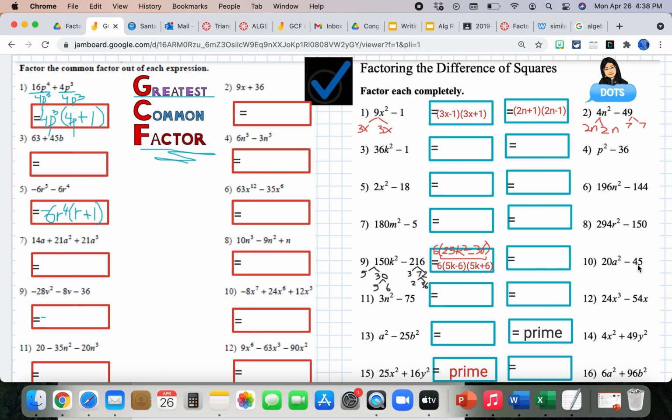So here I see that I have a 5 that is in common right here. I'm not going to do this one because you can do it later, but I can go ahead and put the 5 in.